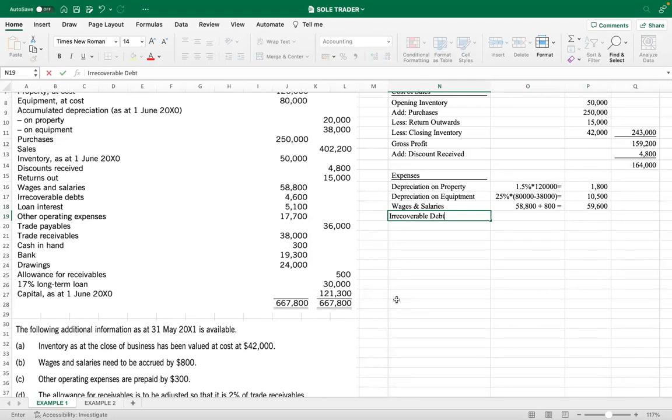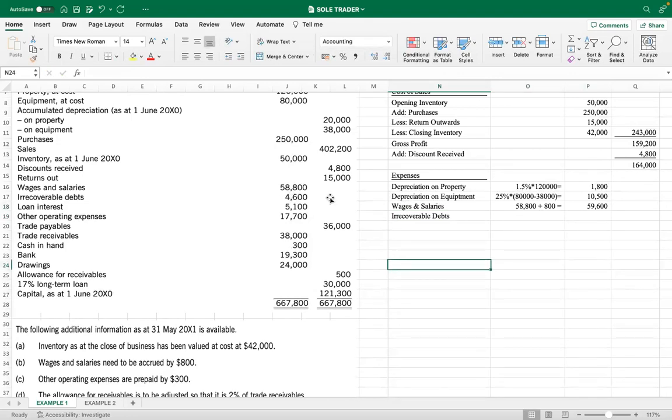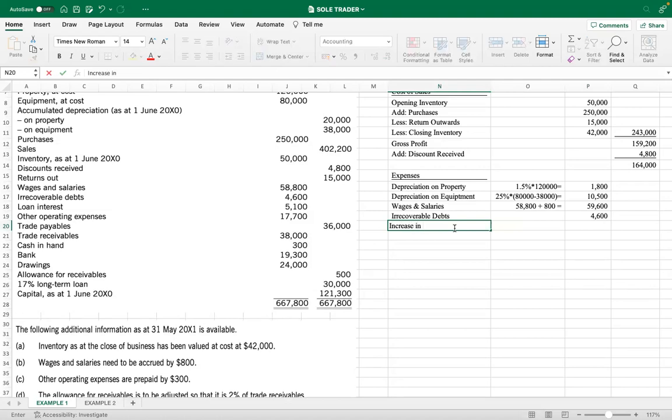Debts or bad debts. So our bad debts or irrecoverable debts is 4,600. Still, when we are on bad debts, we found that there was an increase in provision for bad debts. Increase in allowance for receivables.